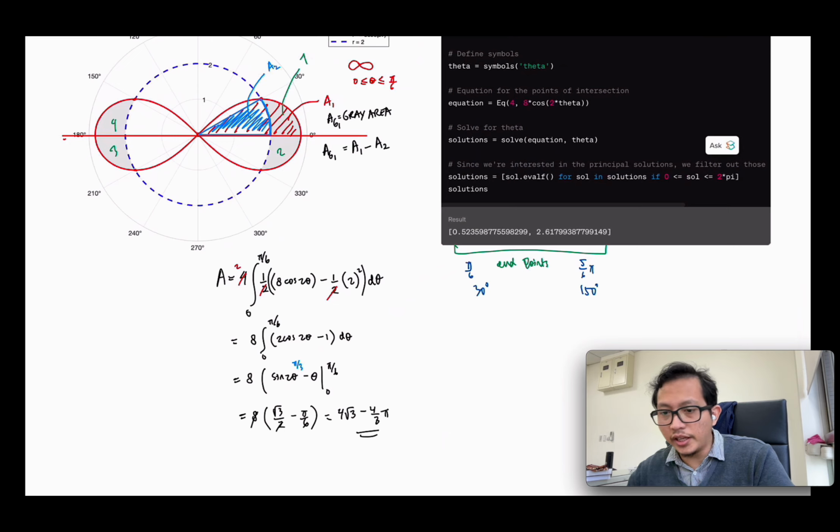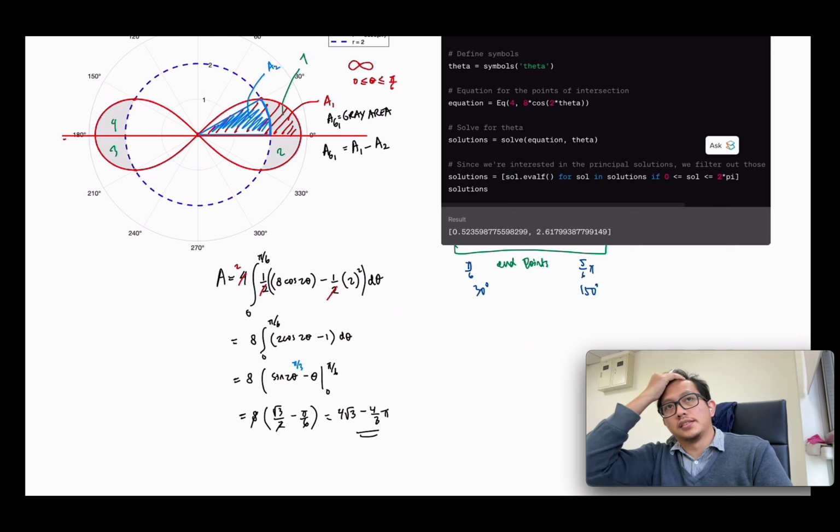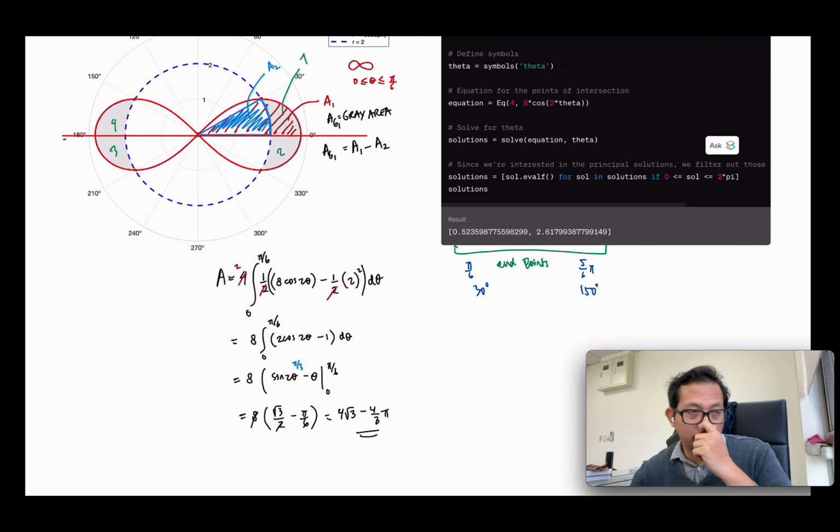Anyway, that's just to show you how ChatGPT works, and it seems that there are still gaps to be improved, and I hope you can take benefits from this video.